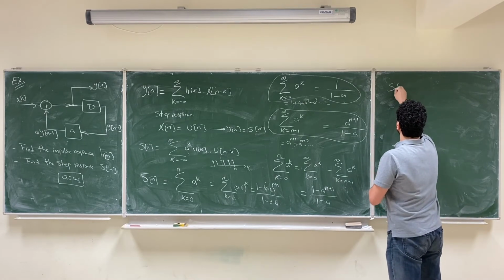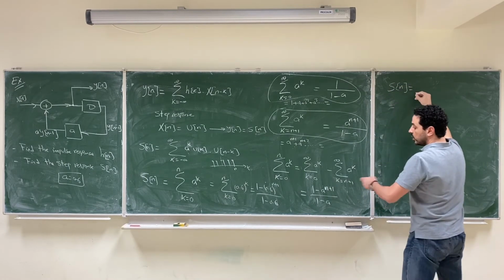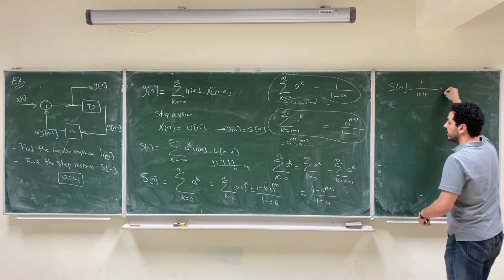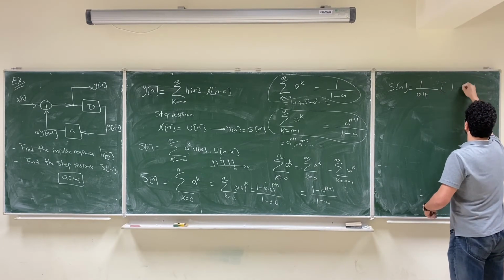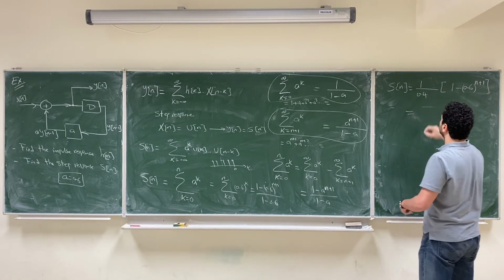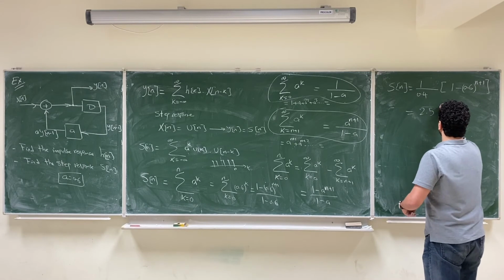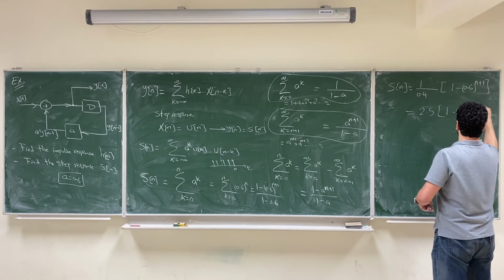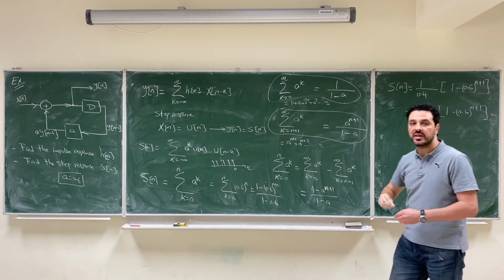The step response can be simplified as 1 over 0.4 multiplied by 1 minus 0.6 to the power n plus 1. Okay, and 1 over 0.4 is 2.5, multiplied by 1 minus 0.6 to the power n plus 1. And like this, we calculated the step response.